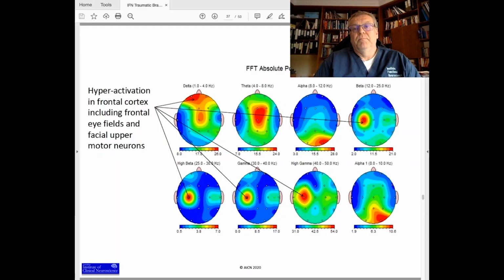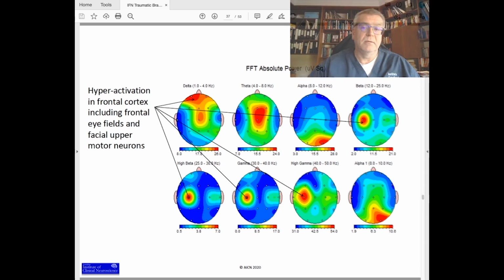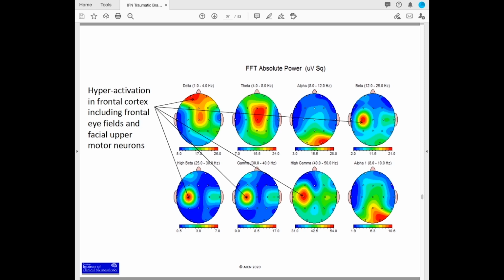We've got enough. So this is the initial head maps from her EEG findings. I'm just going to exit the screen and talk you through this. The arrows here point to a variety of areas in her brain that were involved in the injury that she sustained.